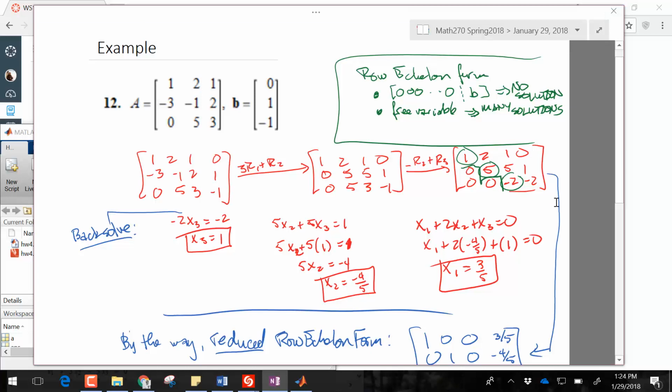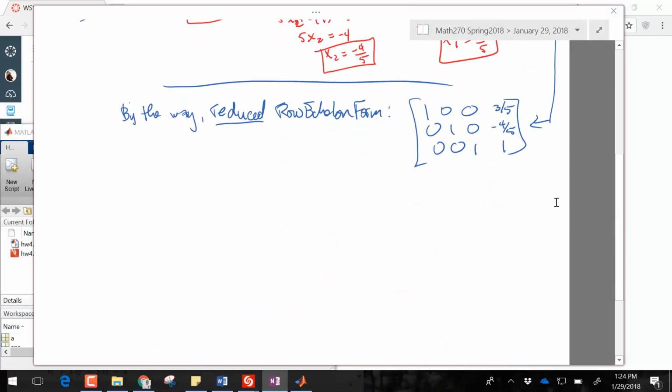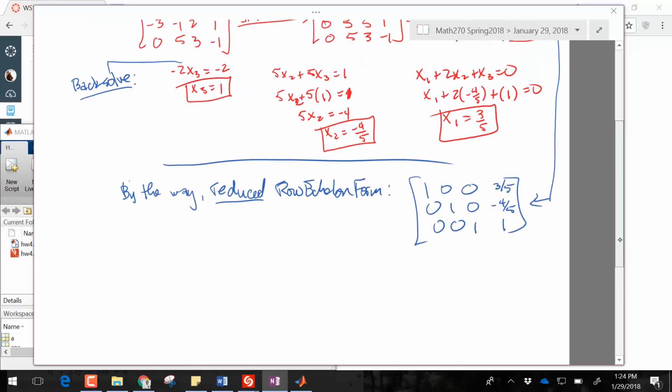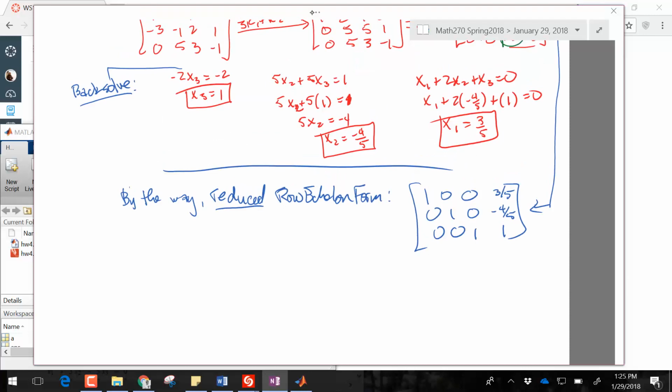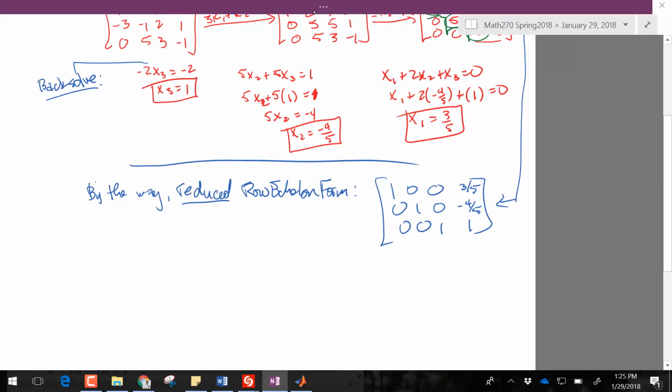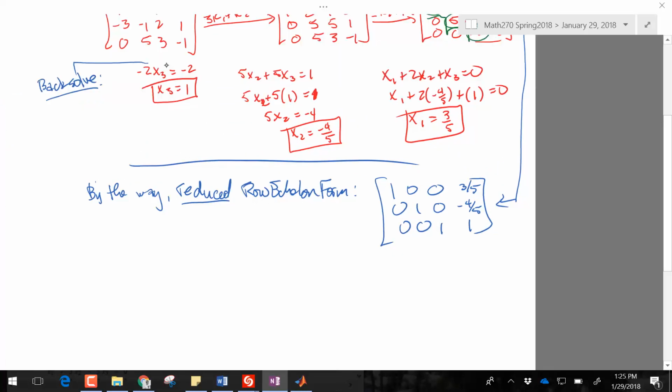Yeah, the solution set can be seen as a vector. We can identify our solutions in these red boxes. That's one way to think about it. We can also say that our solution x, and remember the arrow over a variable means it's boldface and it's a vector, is equal to 3/5, -4/5, and 1, which is a vector.